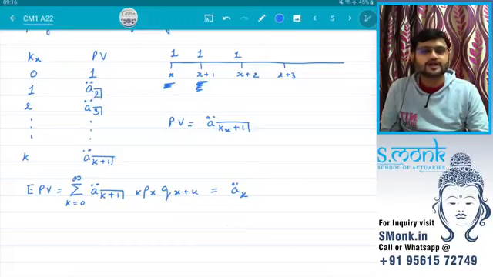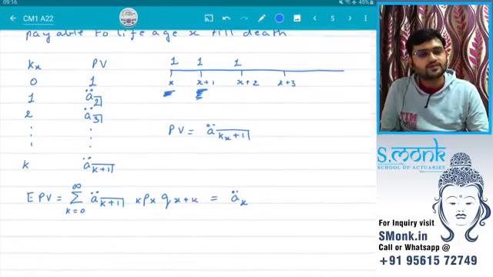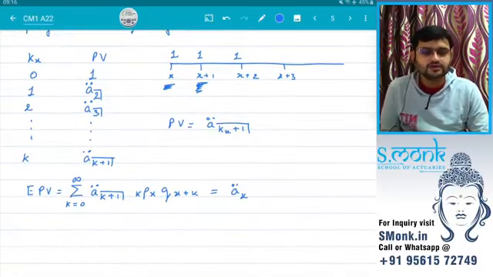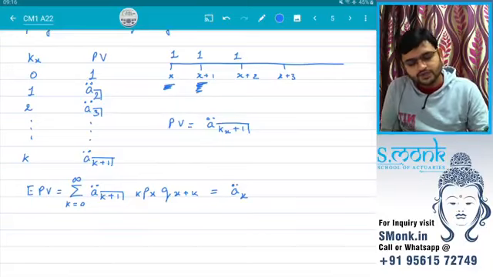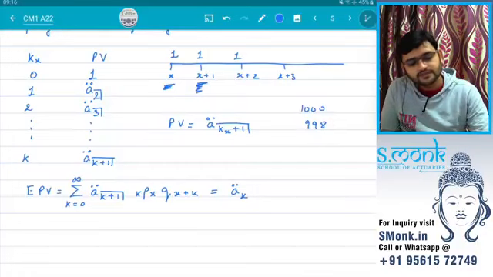So let's say 998 people were alive at time 1. So only 998 people got that annuity of 1. In the first year we had to pay 1000, because everybody is alive. The second year we had to pay 998, and I will have to discount this for 1 year.